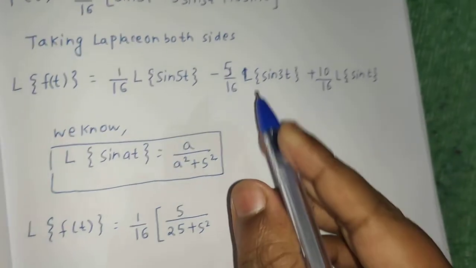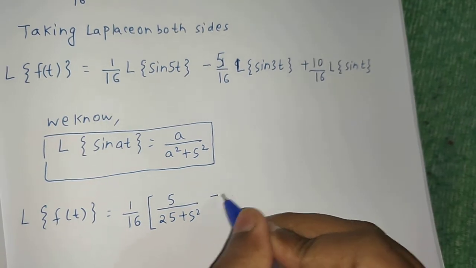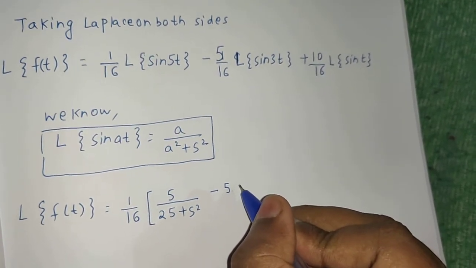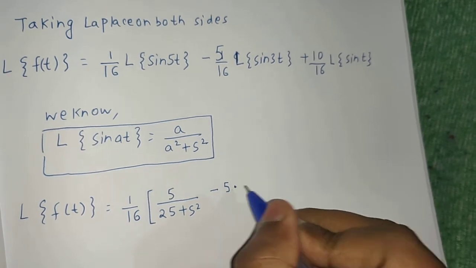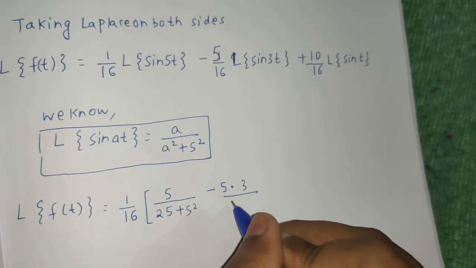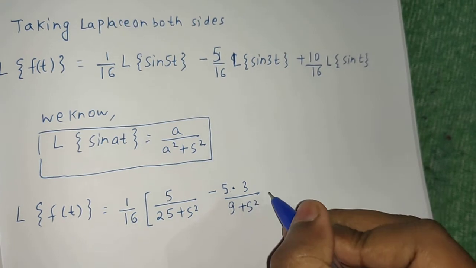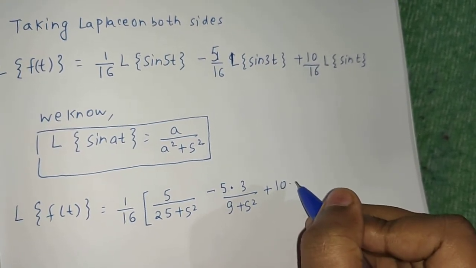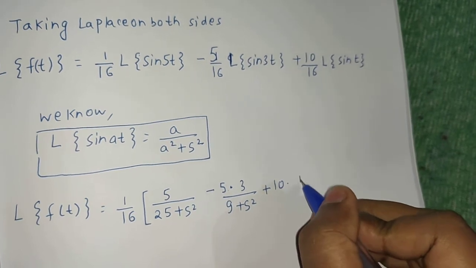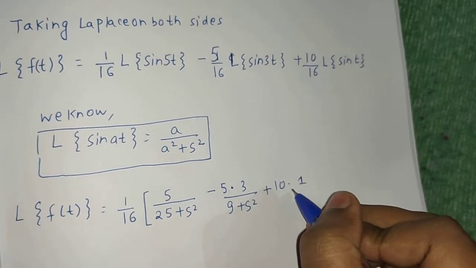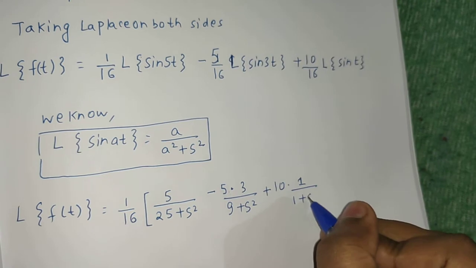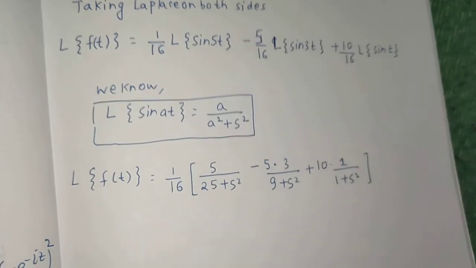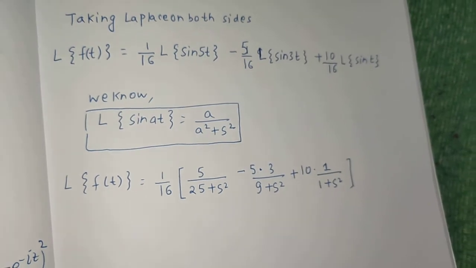Now I have already taken 1 by 16 common, so minus 5 times Laplace of sin 3t will be 3 divided by 3 square 9 plus s square. Now 10 will be here. Laplace of sin t will be 1, because sin 1 into t, divided by 1 square plus s square. Okay, you can leave this particular question to this stage only.